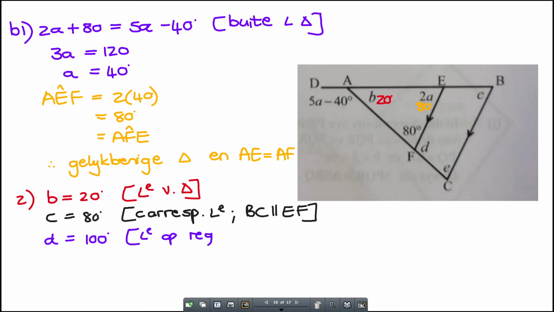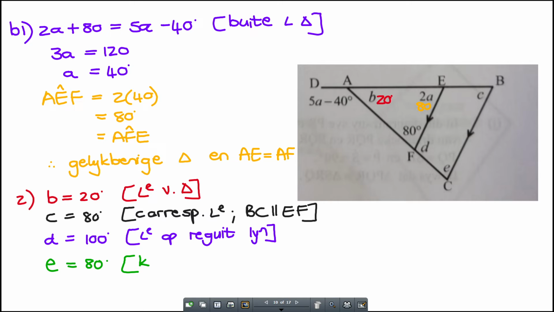Het iets anders daar gehad? Niemand? What did you have? Did you first work out E? Or did you work out BEF? Okay, you could have used co-interior angles, but then I would first have to show what E is. Okay, en dan E gaan hoeveel wees? 80 grade, en daar kon jy of gesê het ko-binnehoeke, or you could have said corresponding, ooreenkomstige hoeke.